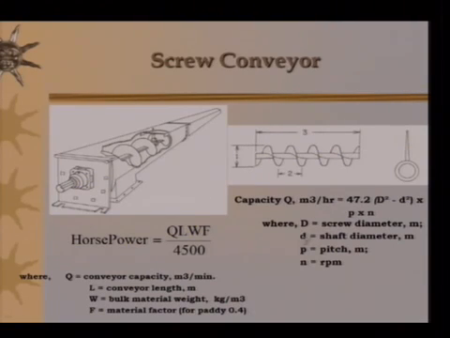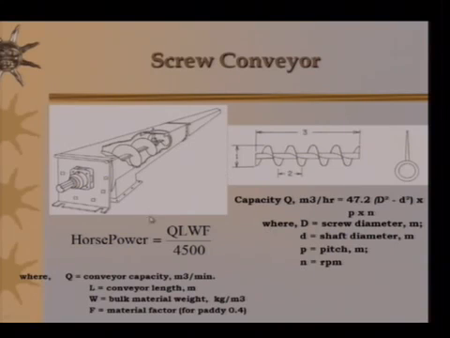The capacity of screw conveyors can be calculated in meter cube per hour, that is 47.2 (D square minus d square) into P into N, where capital D is the screw diameter in meters, small d is the shaft diameter in meters, P is the pitch in meters, and N is the revolution per minute of the main shaft.